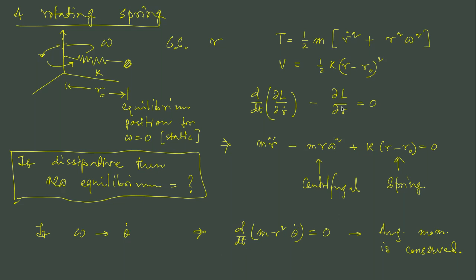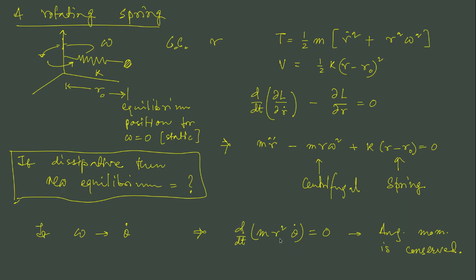Potential energy will remain unchanged. So in the equation for theta, you see theta does not appear in the Lagrangian, so del L del theta would be 0. But del L del theta dot will give us m r squared theta dot, and its rate of change should be 0. So angular momentum is conserved.